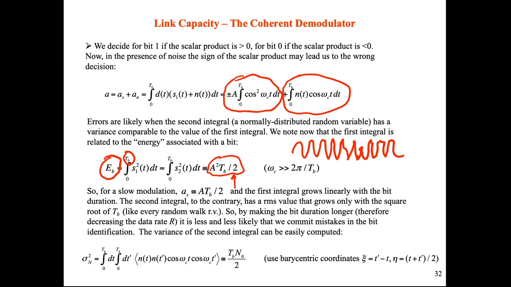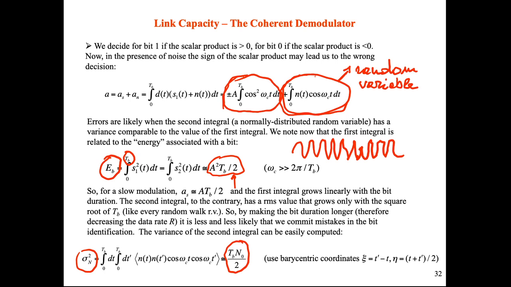So we computed separately the power, the variance of this noise term, and this term is very easy to compute. Remember that this is a random variable, which has a variance sigma_n squared, which we computed, and is equal to T_bit N0 over 2.